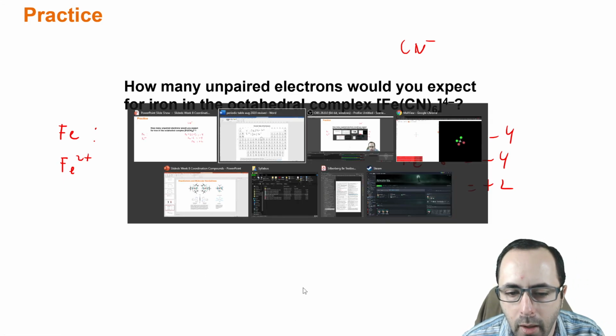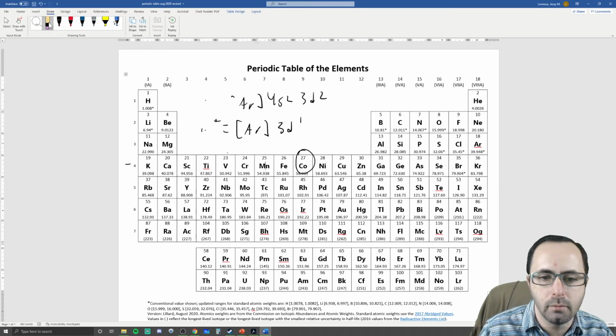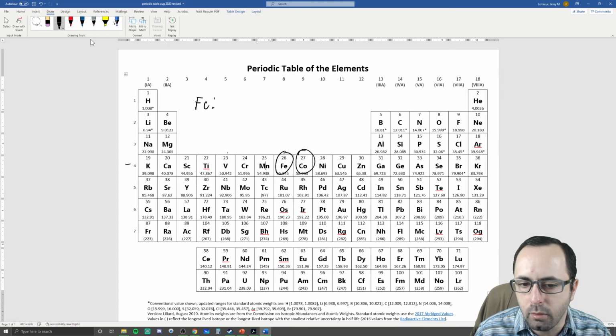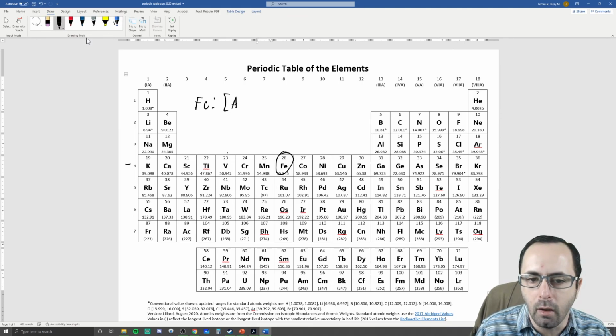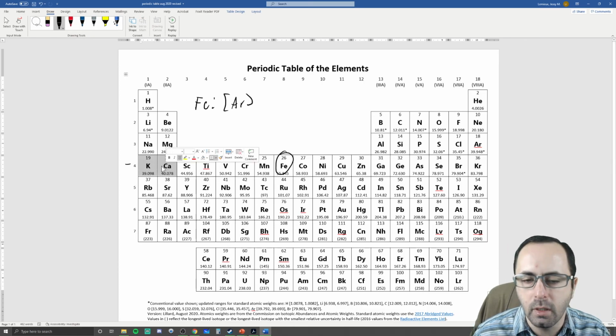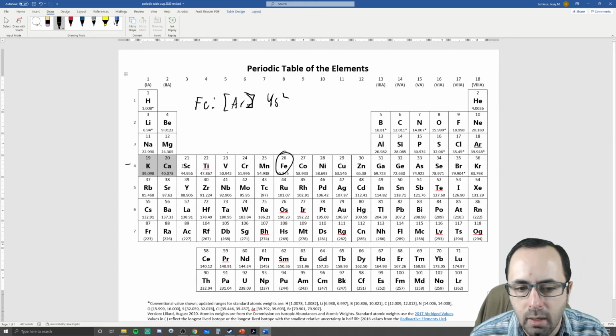So for the neutral iron, Fe, iron's right here, and its noble gas that's right above is argon. And so we're going to do brackets argon, and then 4s2, and then 3d, 1, 2, 3, 4, 5, 6, 3d6.